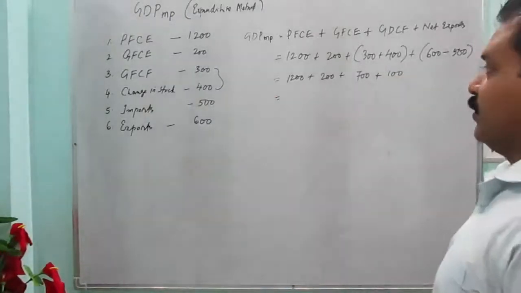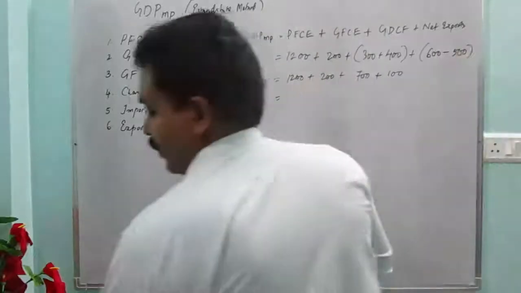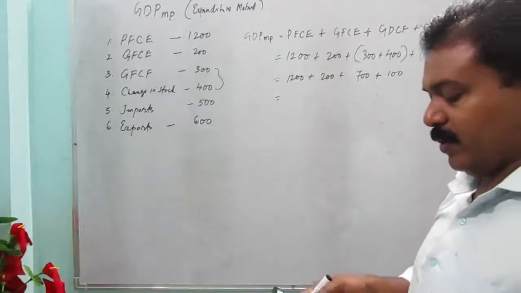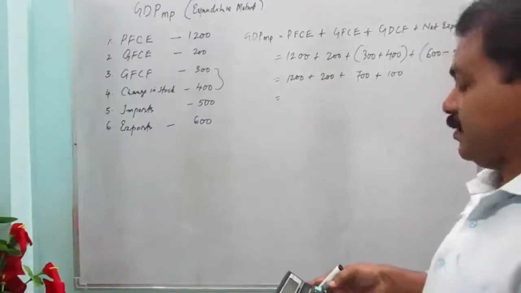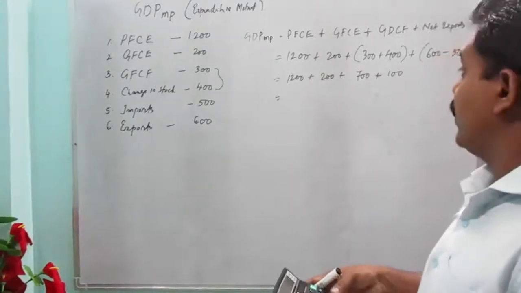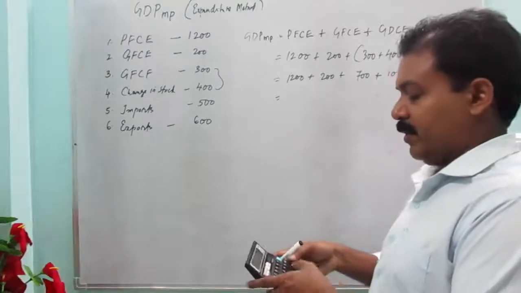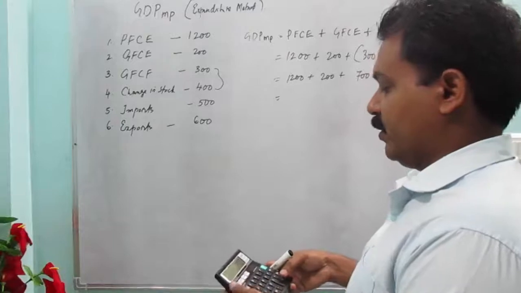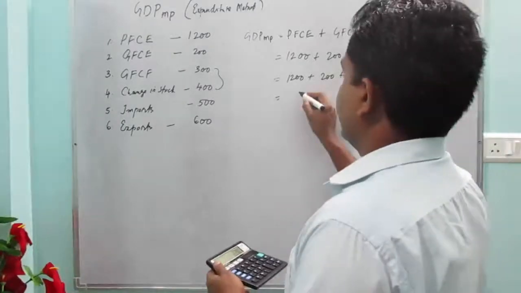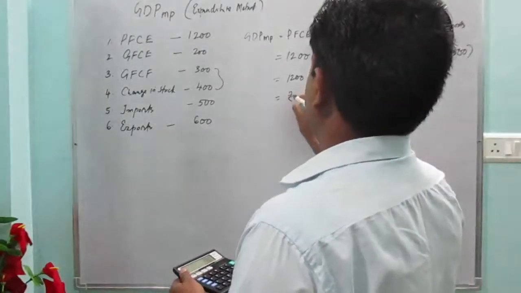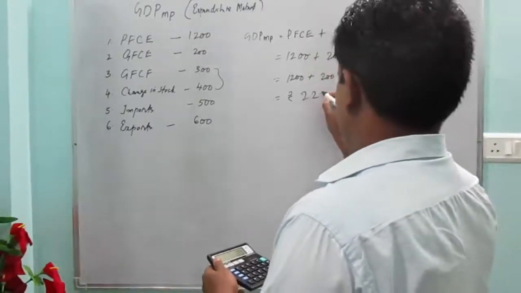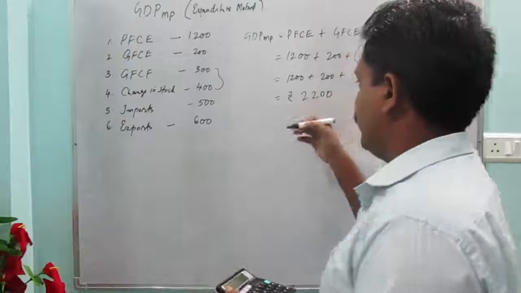Now your work is to add this. Add and see: 1200 plus 200 plus 700 plus 100 is equal to the answer. You have to see whether it is given in dollars or in rupees.